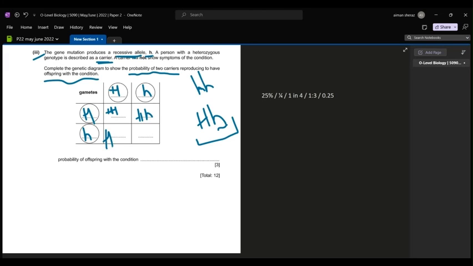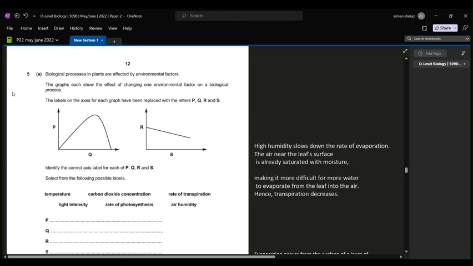This will again be the same genotype, but in this genotype, you can see the recessive allele has come. So they told you to complete and check the probability. The probability of the offspring with the condition is going to be 25%, because it's just 1 out of 4. 1 in 4 has that. So you can write either of these options, they are acceptable.